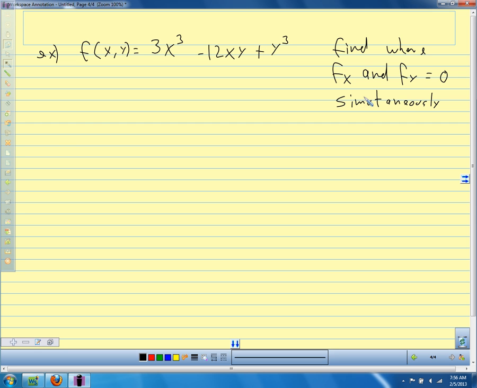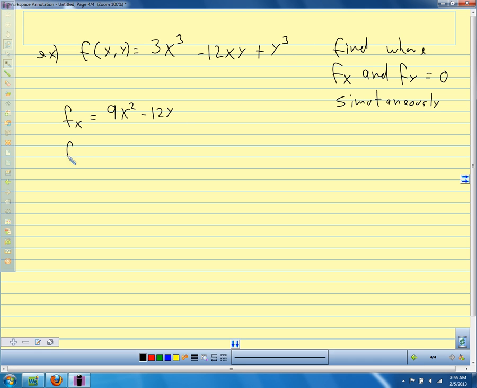All right, so we want our first partial with respect to x, f sub x. What's going to be our partial of this function with respect to x? 9x squared minus 12y, and that's it. y cubed is just a constant, and the derivative of a constant is 0.